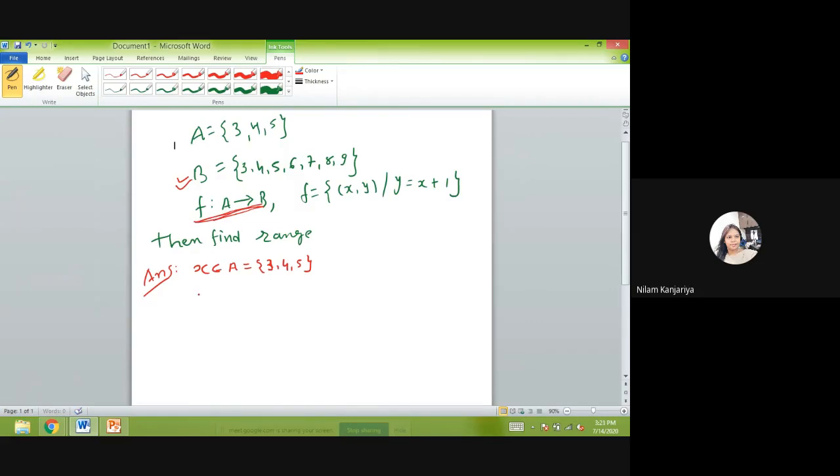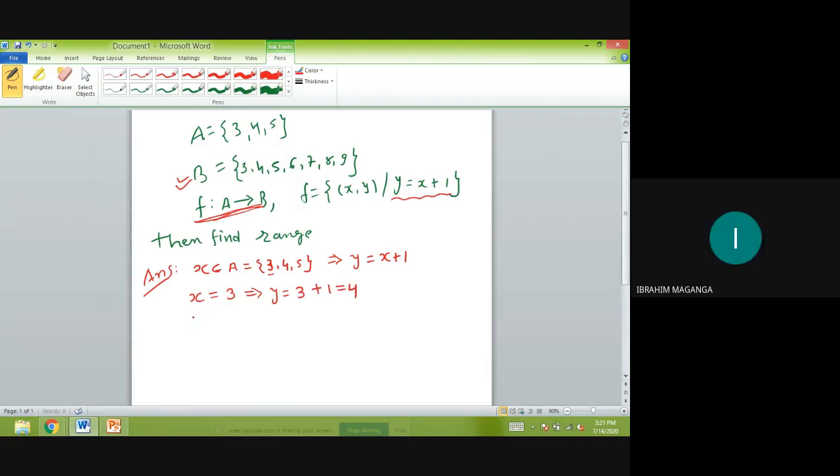If you take the value of any x and you make y like x plus 1, first of all take the value of x in A. The first value of x is 3. What is y? y is equal to x plus 1. So x here is 3, so y is 4.